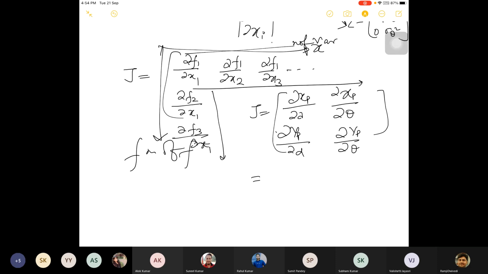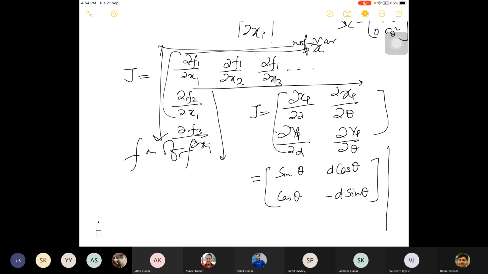So when you take the partial derivative, obviously you will have certain values. Let's say if you take a partial derivative of del x with del d, you would get sine beta. Del x with del theta, d cos theta. Similarly, del yp by del theta, and then minus d sine theta.